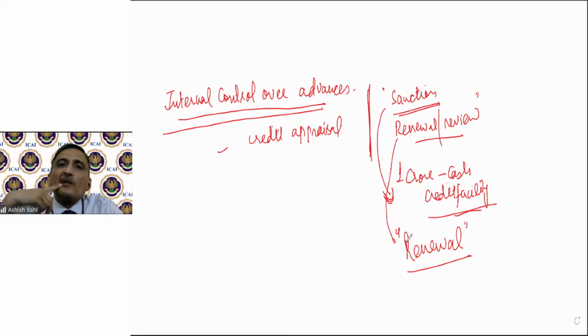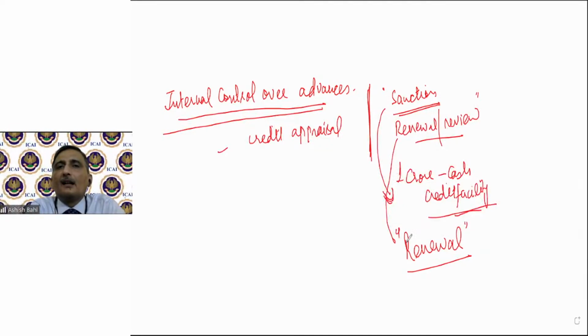So in renewal also the same process is followed. Again, you have to remember, in renewal also the same process is followed as in case of a sanction. Loan application form is given, proposal is given.